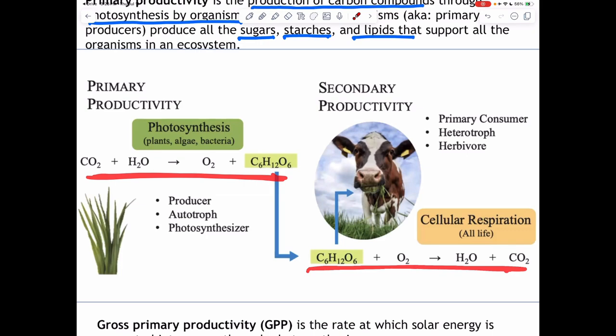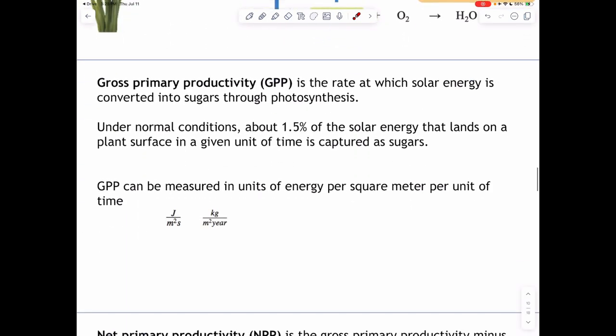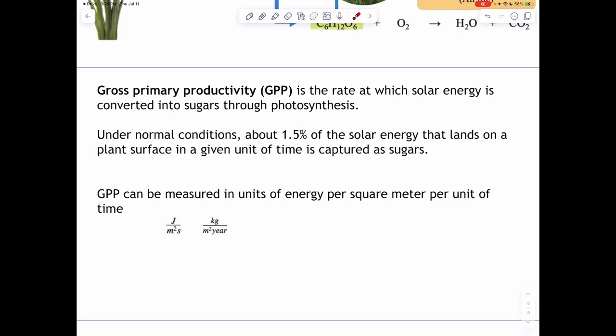So I think it's very good to see this difference. Okay, to recap one more time, gross primary productivity, or GPP, is the amount of energy that is converted into sugars through photosynthesis. And we're going to call this the total.